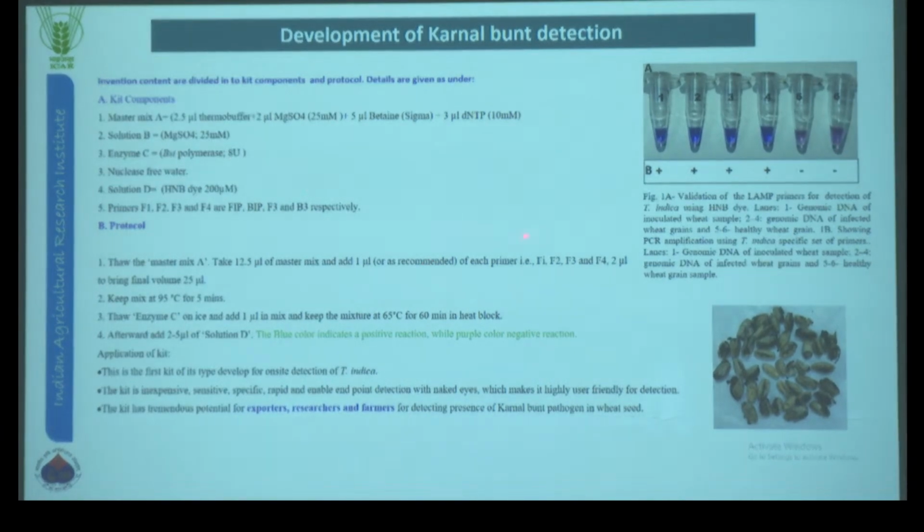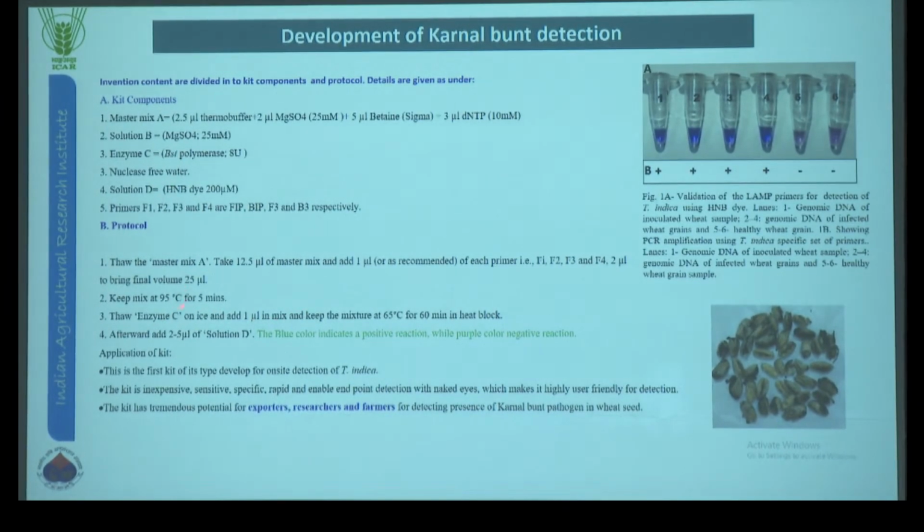So the protocol is this: first take the master mix, then add the primers, and make up to 25 microliter. Then keep it at 95 degrees for 5 minutes. That is an important thing, the initial stage. You can do it in a PCR machine at 95 for 5 minutes. Then the enzyme, Bst polymerase, should be added later on. After this step, you add the Bst polymerase and incubate at 65 degrees for 60 minutes in a heat block.